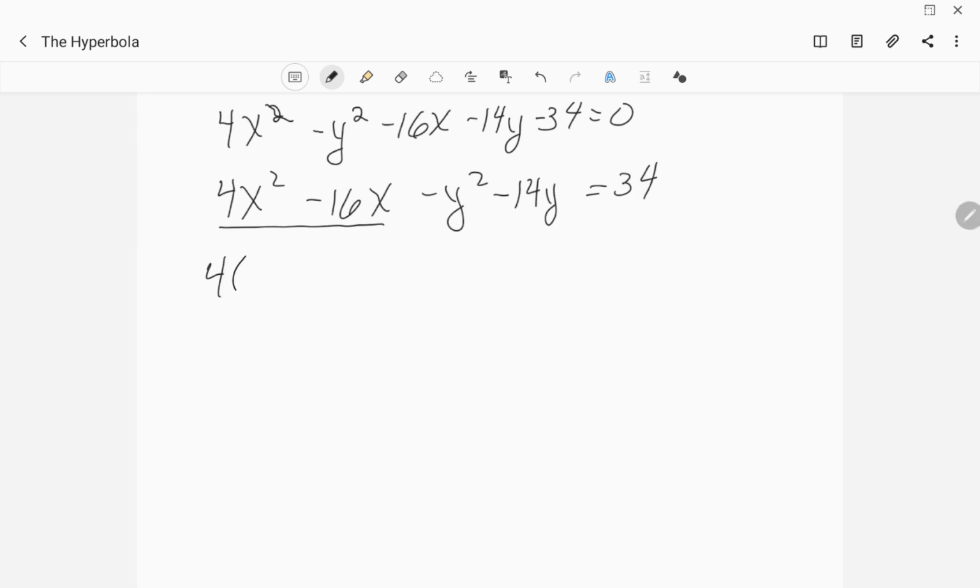So I'm going to take the 4 out as a common factor. Now I can complete the square. So I'm going to take the 4, divide it by 2, which is 2. I'm going to square it, which is 4. So I'm going to add 4 and subtract 4. You have completed the square after you took the 4 out, which means this 4 is in front of all of it.